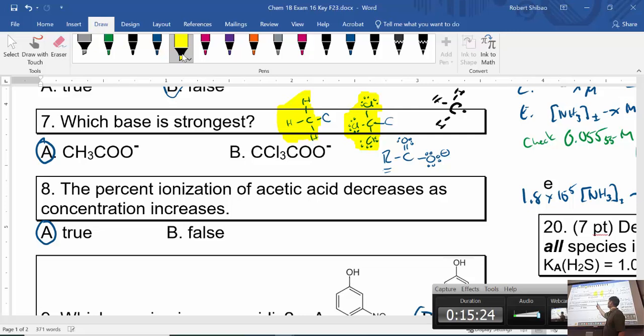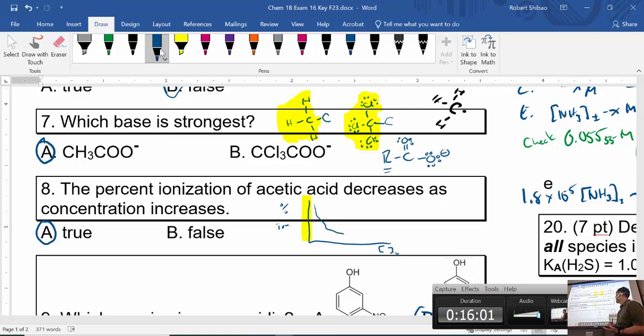The percent ionization of acetic acid decreases as the concentration increases. I didn't really talk about this, but there's a graph in the book that shows this. It plots the percent ionization as a function of the initial concentration. As the initial concentration of acetic acid increases, the percent ionization decreases.